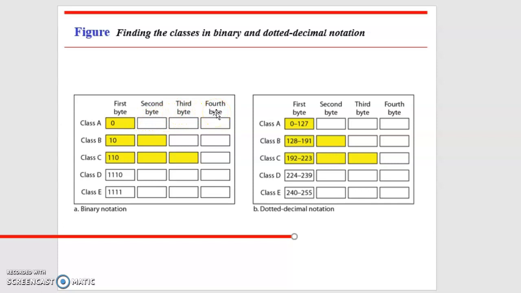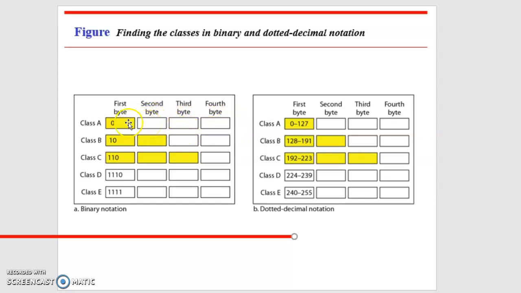Depending on the classes, I have marked these in yellow. The yellow portion tells you the net ID, and the remaining portion tells you the host ID. That means if we are talking about class A, then the first byte, that is 8 bits, tells you the network to which it belongs, and the remaining 24 bits tell you the host number.